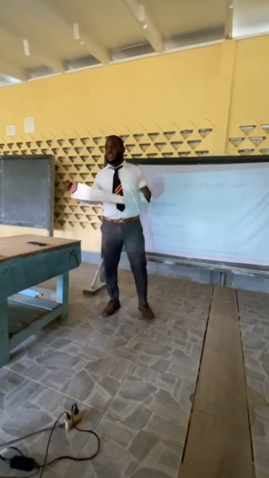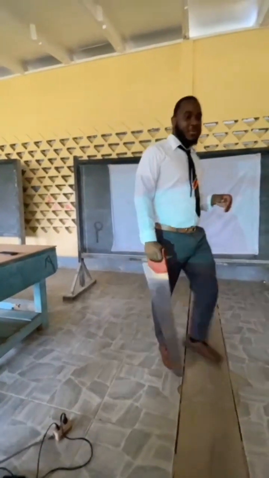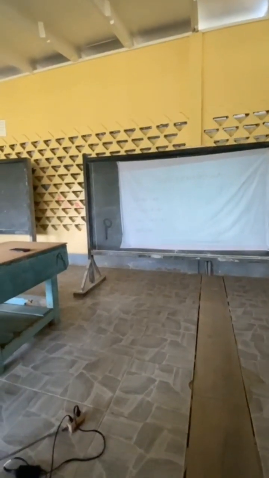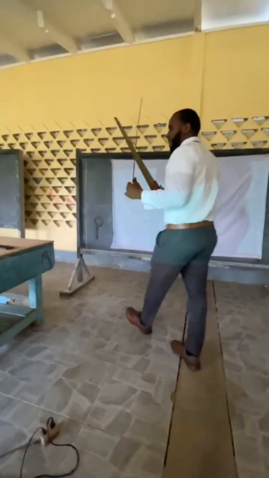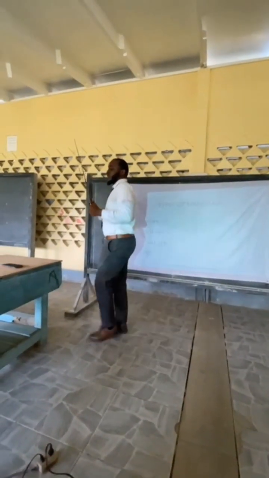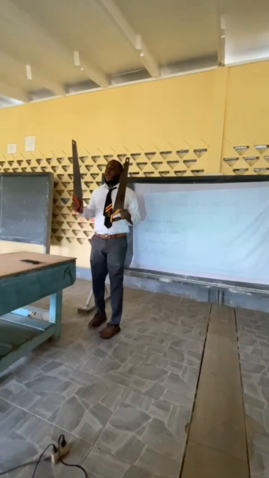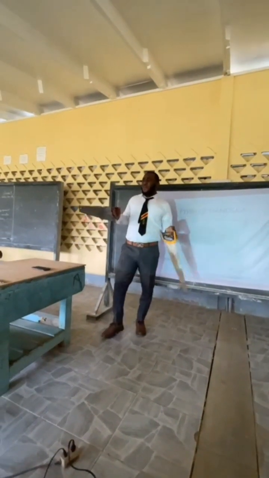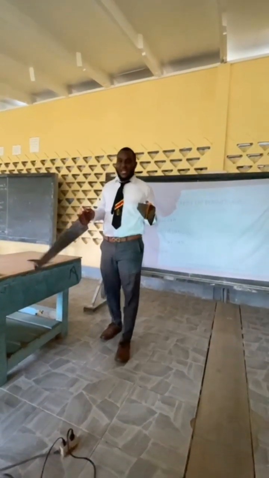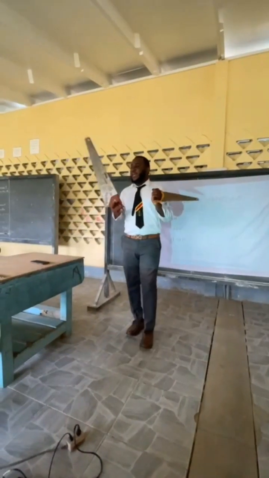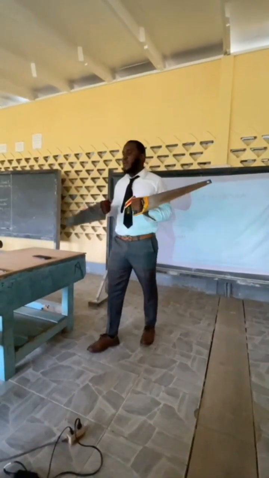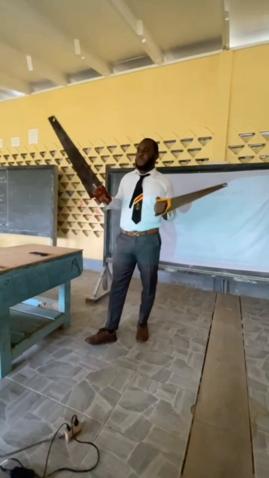And similarly to a cross-cut, we have the rip saw. Right? They look similar, right? So, how can we even tell the difference between a cross-cut saw and a rip saw?